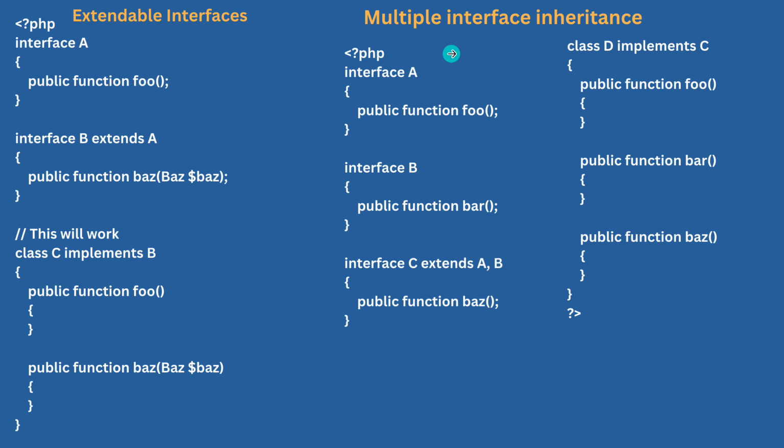All three. So this is multiple interface inheritance. Clear, guys?